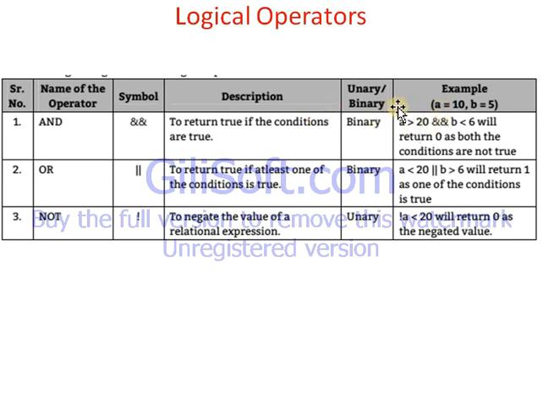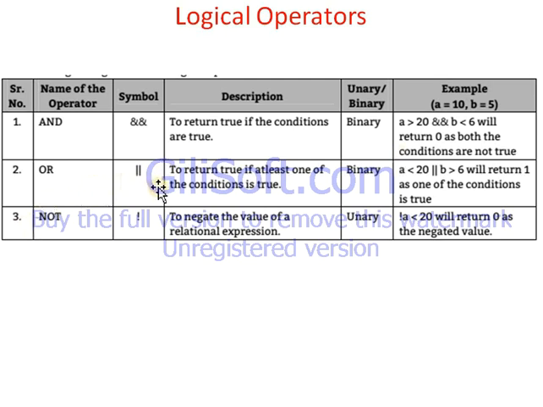Let us take an example. There is an expression a is greater than 20, and for joining two conditions I use the and operator, and b is less than 6. It will result in 0 as both conditions are not true. It will return 0, meaning both conditions are false.